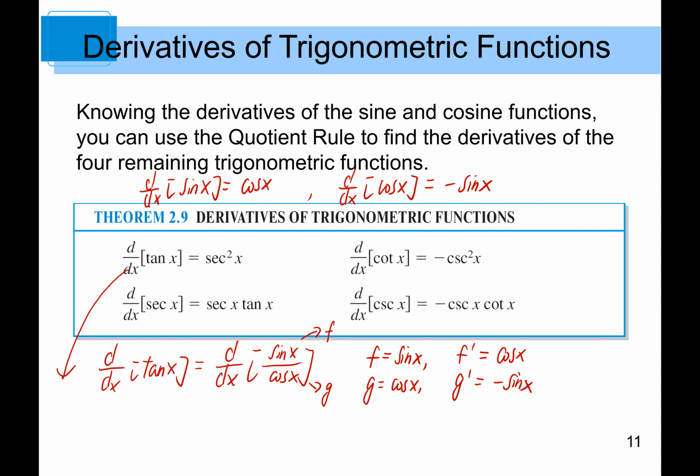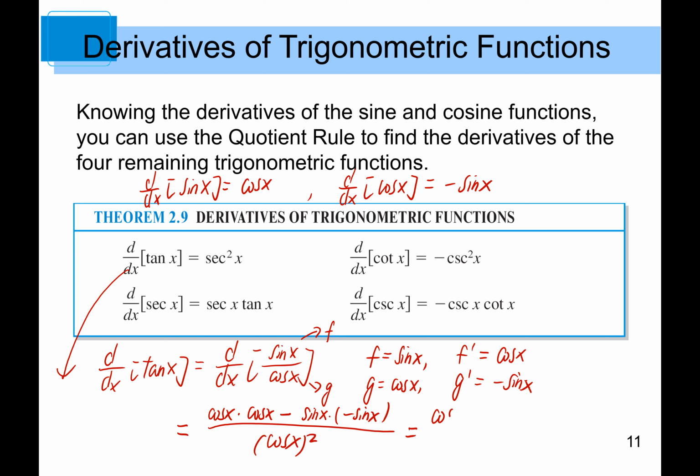Now let's apply the quotient rule. f prime, cosine x, times g, cosine x, minus f, sine x, times g prime, negative sine x, over cosine x squared.